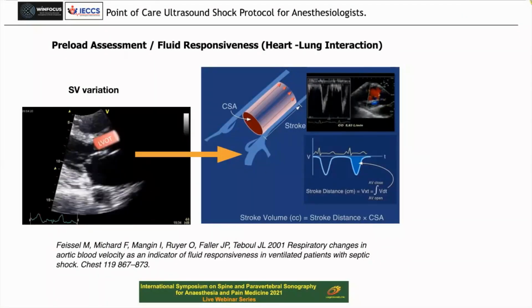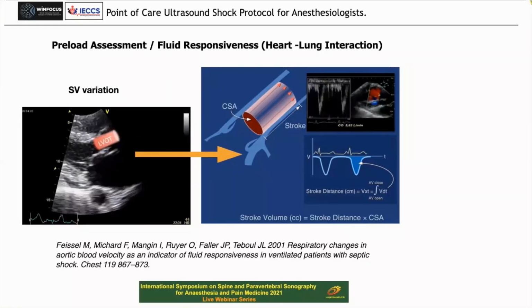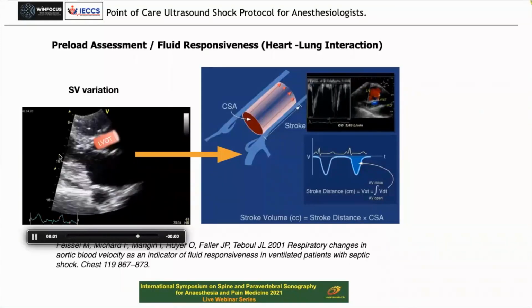One of the best ways to assess the preload and to determine fluid responsiveness is by looking at the stroke volume variation. If we look back at this video, this is the LVOT, this is the LA, and this is the LV.